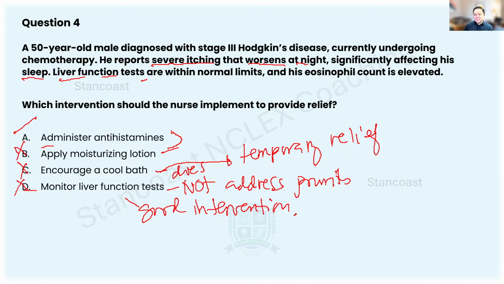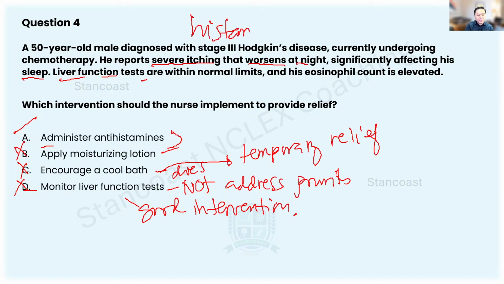So this is a problem, the severe itching. What is really the cause of the itching? It's not about the impairment of the liver here, as it's being reflected that there's no problem in the liver function, but the main cause for the itching here is because the histamine is being released from the eosinophils.